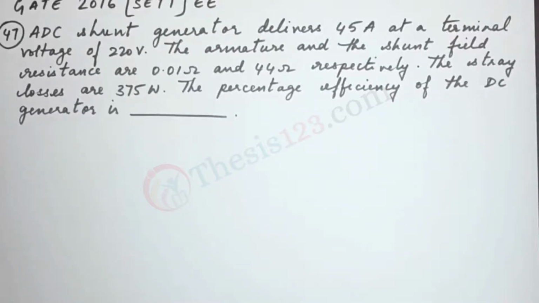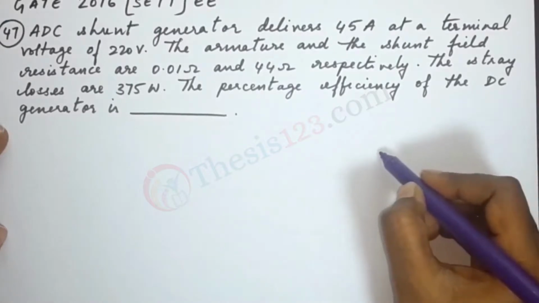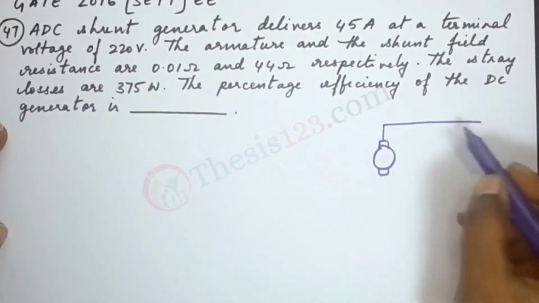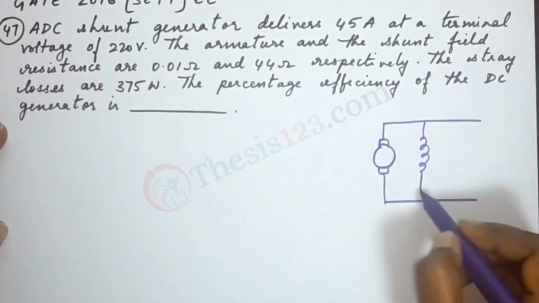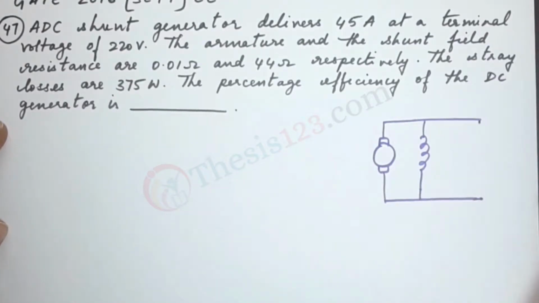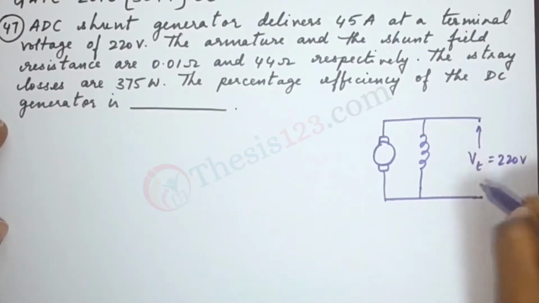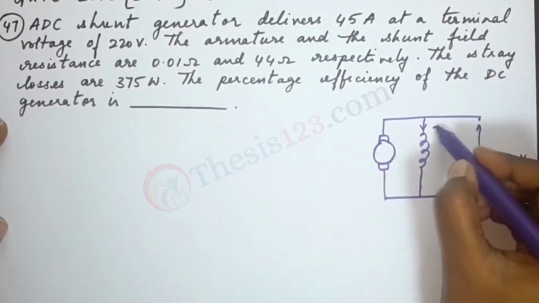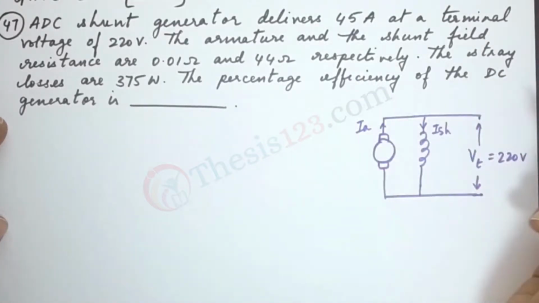Now since we have been given a DC shunt generator, let me just draw a rough diagram here. So we have our field winding. We have been given the terminal voltage Vt as 220 volts. The current that passes through here would be I shunt and the current that goes through here would be the armature current.